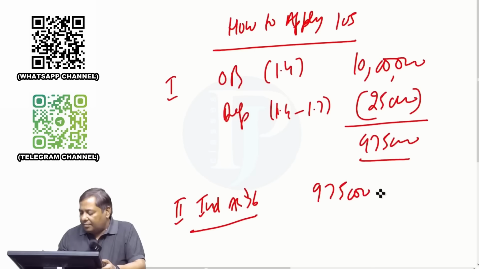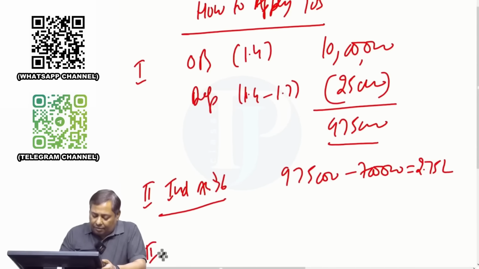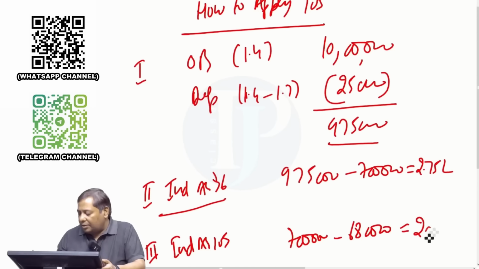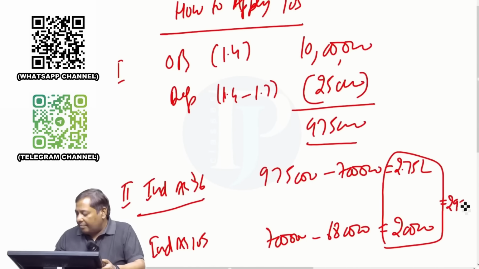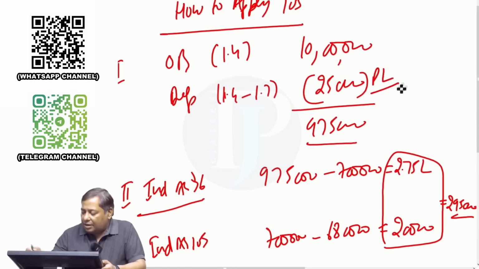So 975 minus 7 lakh rupees, since this is the recoverable amount, it comes to 275. Then the third step, we must have applied in AS-105. 680 was deducted from rupees 7 lakhs. So there was a loss of another 20,000 rupees, so the total came to 295. One is 36 and one is 105. Depreciation of rupees 25,000 is P&L, this is also P&L, and this is also P&L.